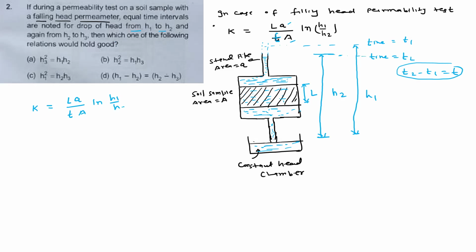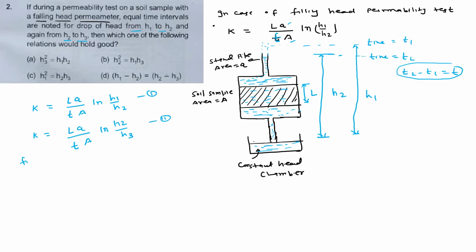The soil sample is the same, therefore the permeability will again be K, and this is L into a over t into A. Length of sample, time and area are the same, and this is ln. This time the head falls from H2 to H3, so H2 by H3. This is equation 1, this is equation 2.